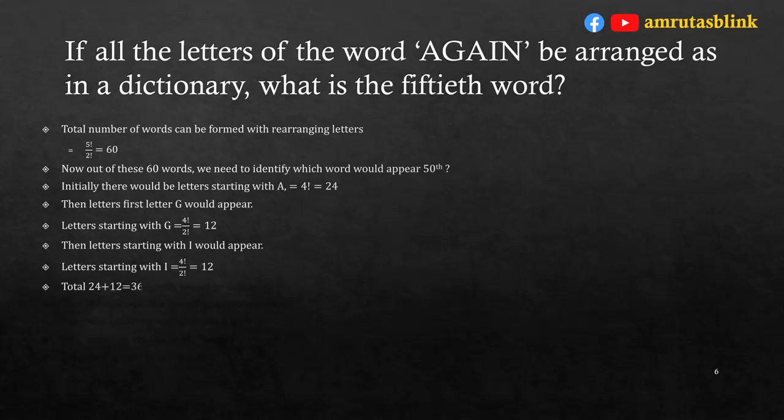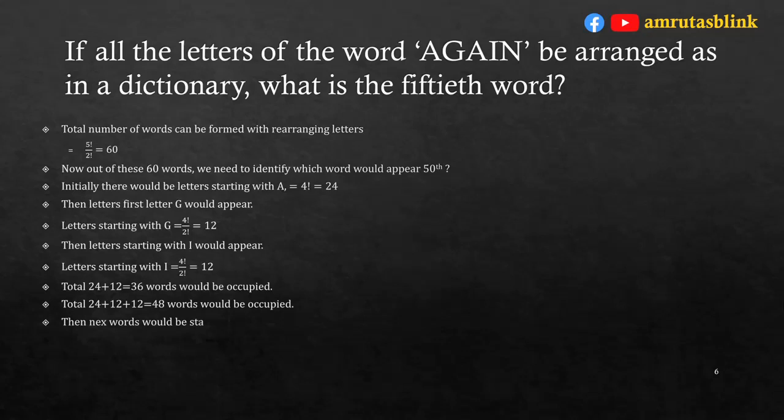Now in a dictionary there would be initially 24 words which have started with A, then 12 words which have started with G, then 12 words which have started with I. So how many total words are there? So 48 words are already there. After that, what would be 49th word now? Now this 49th word would start with N. So after N it would be then A, again A, and G and I. But we need to find out 50th word.